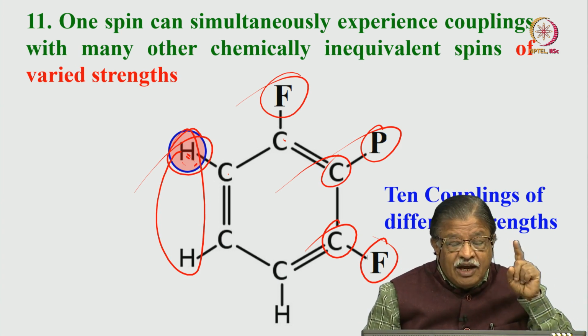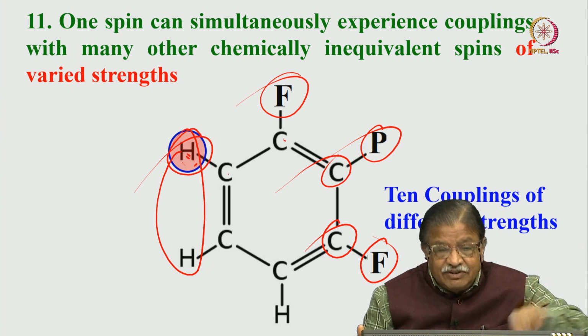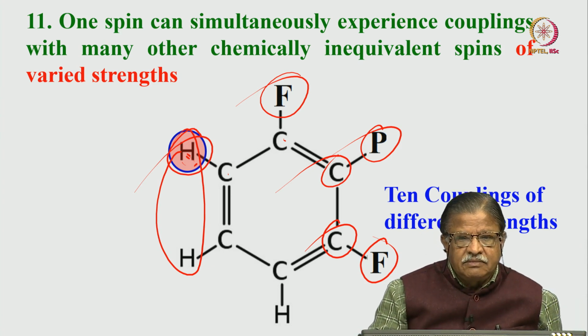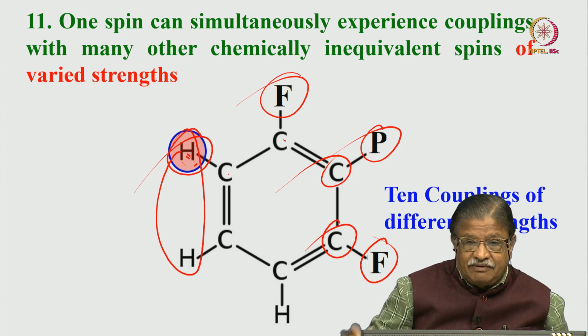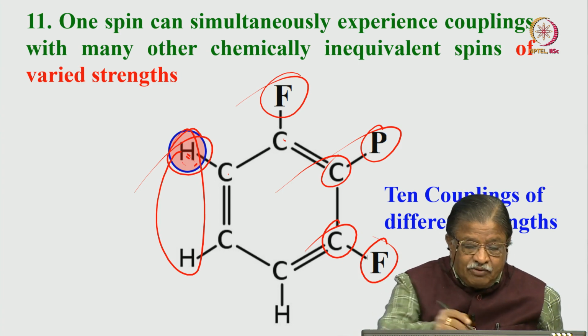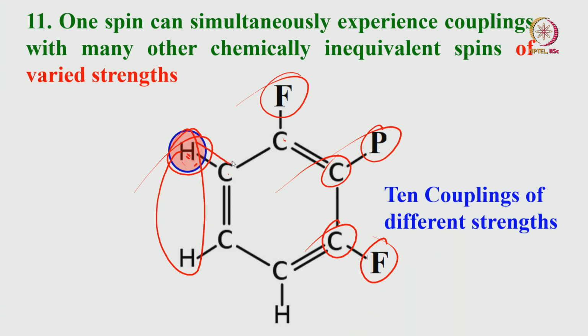It can couple to any of these nuclear spins, and the strength of the interactions will be different, it need not be the same. This one bond carbon coupling may be 150 hertz or 200 hertz, this can be 10 hertz, this can be 50 hertz, like that. Different interaction strengths are there, but one spin can simultaneously interact with all other spins. This has 10 couplings.